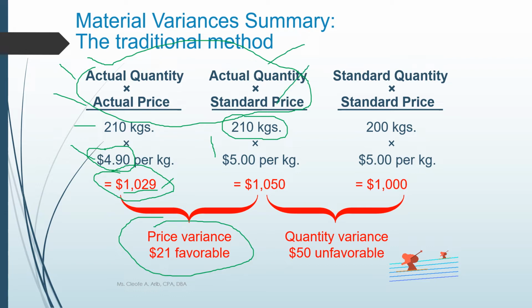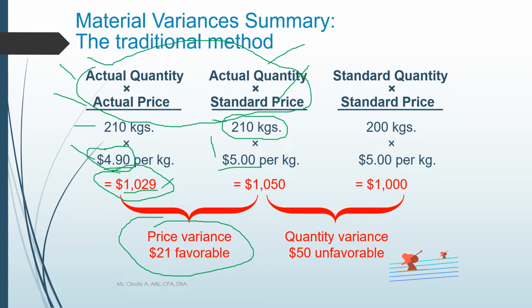Ma'am, can I shortcut this? Yes, you can do the shortcut. How is the shortcut done? Just get the difference between your actual price of 4.9 and your standard price of 5. And then, the difference, you just simply multiply that by 210. Because the multiplier is the same, which is actual quantity.